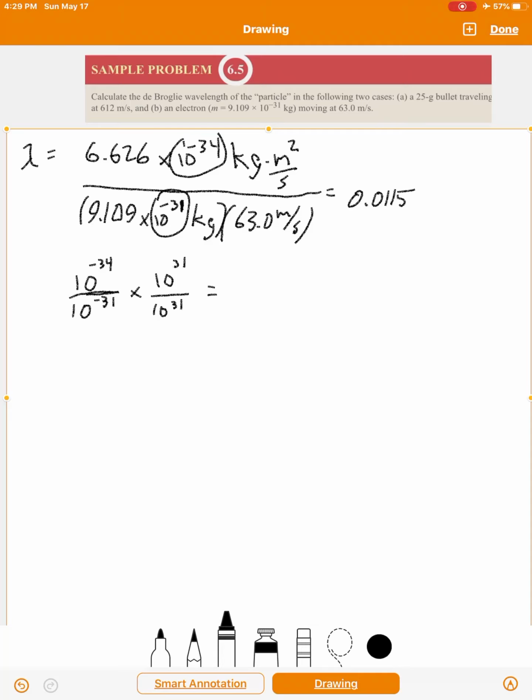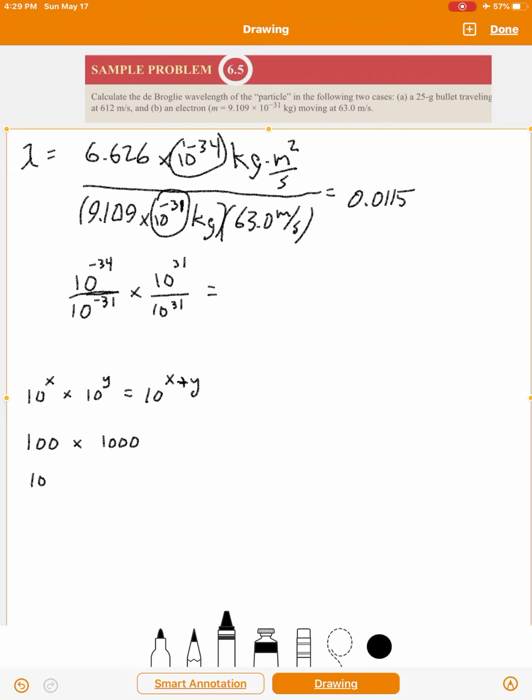So here's what happens. 10 to the minus 31 times 10 to the 31 is 10 to the 0, because when you take 10 to the x and multiply it by 10 to the y, it's 10 to the x plus y. Now, why is that true? Well, think about it this way. Suppose I take 100 and I multiply that by 1,000.